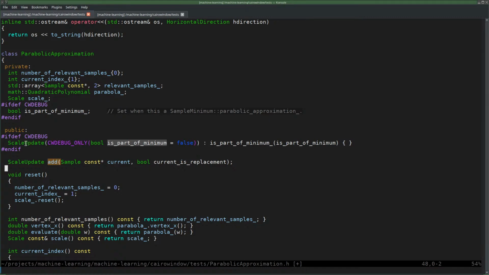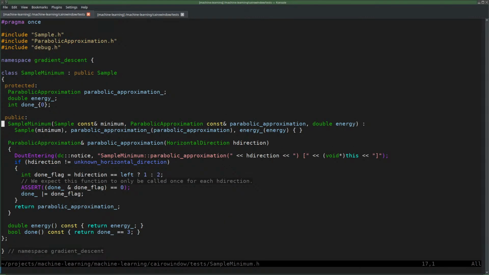So we have to construct it with a true value if it is sample minimum. This constructor as a parabolic. Oh, wait a minute. Huh? Oh no, it didn't. Sample.